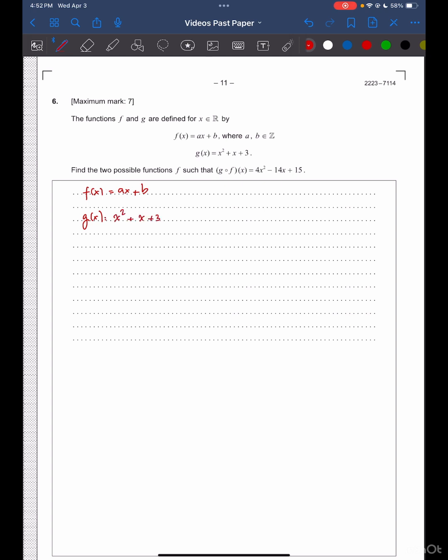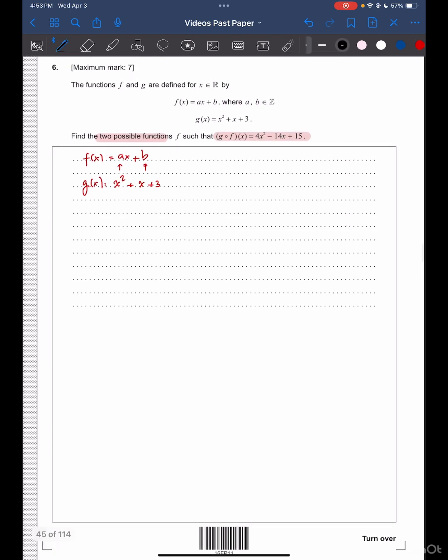They say to find two possible functions f such that g of f of x equals this. Here a and b are constants, so the numbers you will try to find are the values of both a and b.